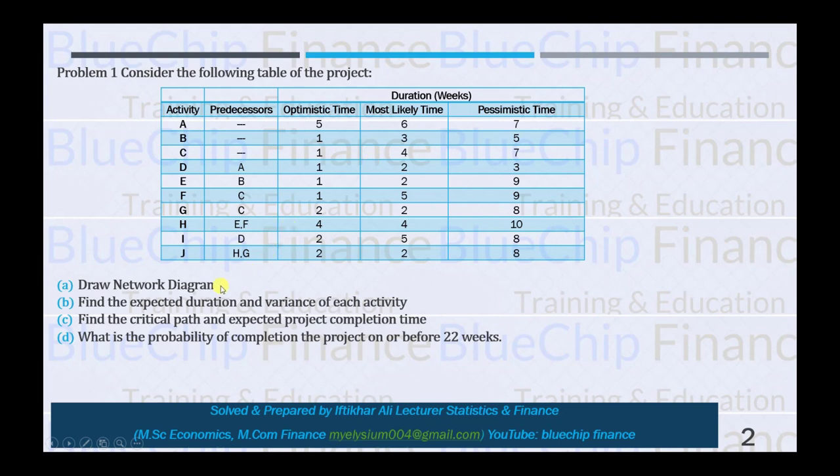The questions asked are: draw the network diagram, find the expected duration and variance of each activity, find the critical path and expected project completion time, and finally, what is the probability of completing the project on or before 22 weeks? So it is one very brief and detailed question related to the practical calculation of PERT CPM.